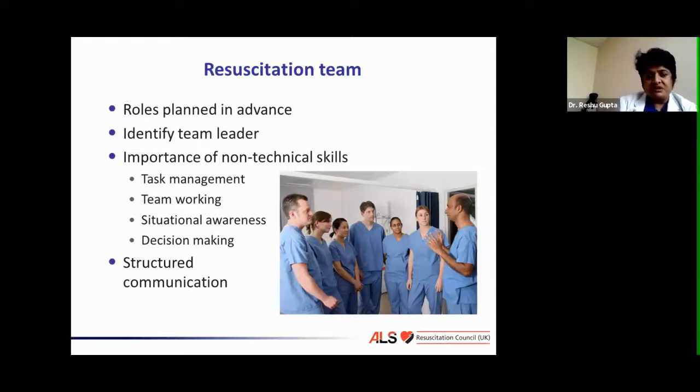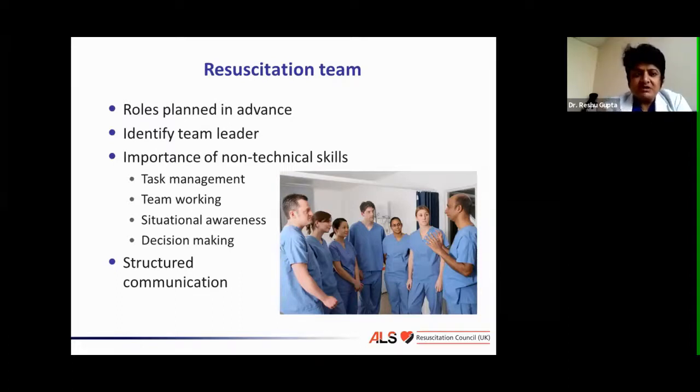It's always a very structured team where communication has to be there. If all the members are well trained and know what to do and what not to do, then the whole program becomes very smooth, without any chaos. But if there is a lack of training or knowledge, then it becomes a chaotic thing.